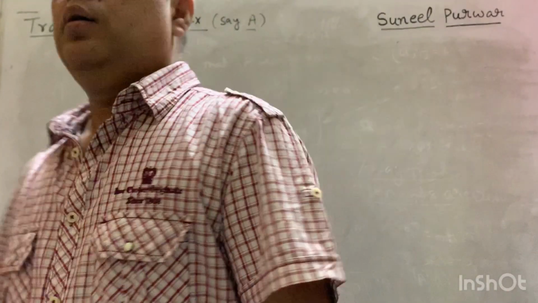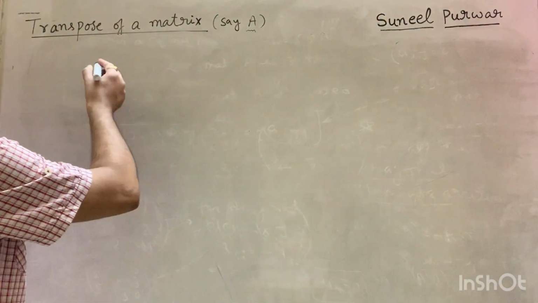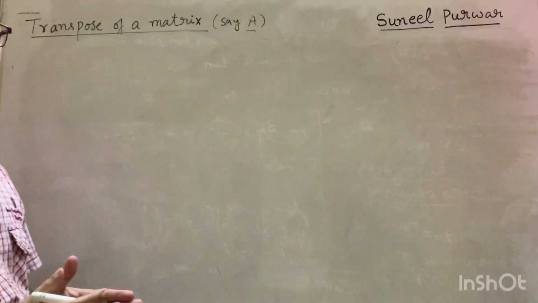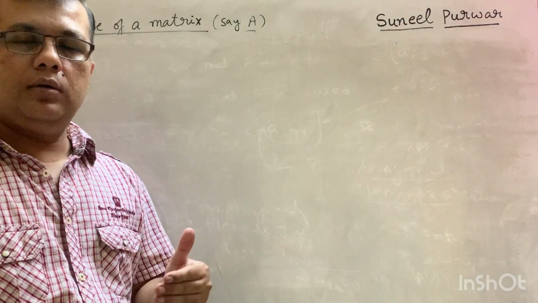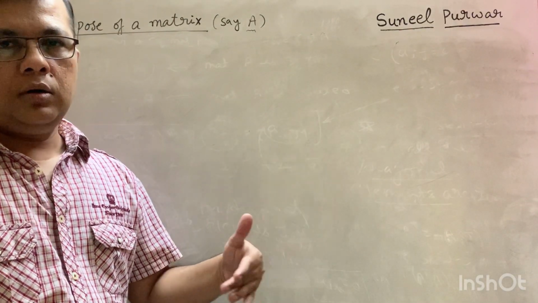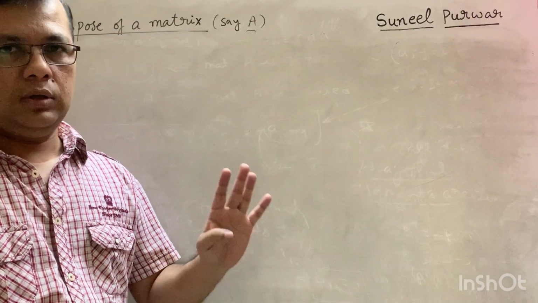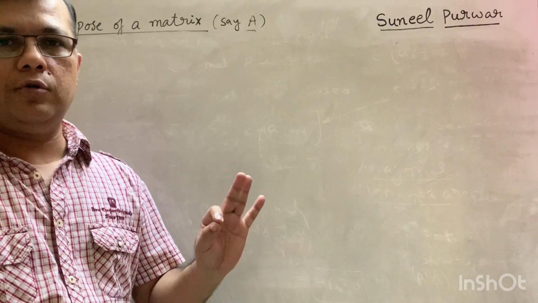Now, the next thing you can clarify is that a square matrix need not be symmetric or skew symmetric. A square matrix can be of 4 types.